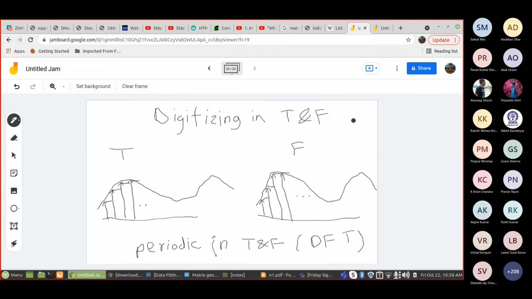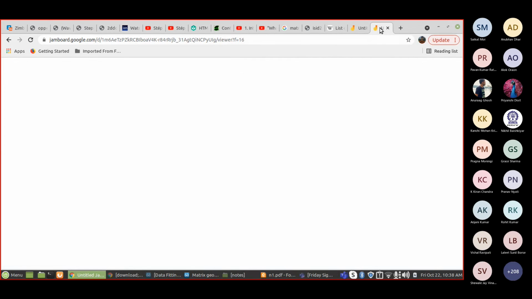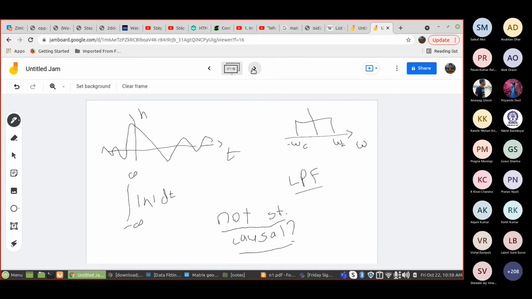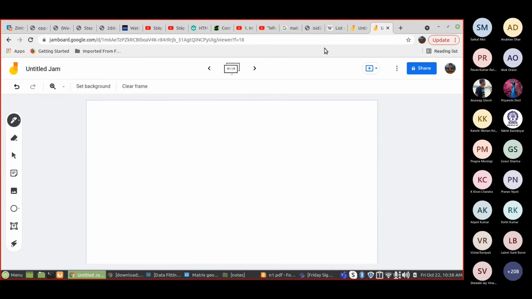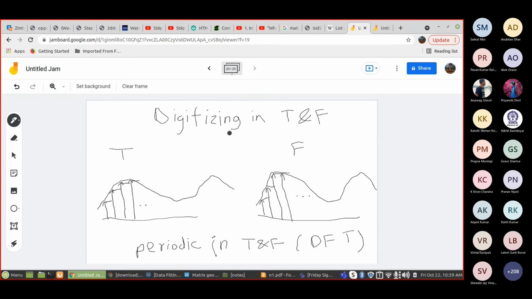This is going to be a bit quick, but don't worry. You can read off the notes, and this is not going to be in your tests or anything. This is only for those who are interested. So you can read it from the notes and try some coding exercises if you are interested. But if you don't feel like doing it, that's fine. Okay, so let's start with digitizing.